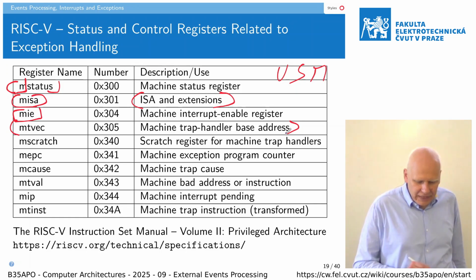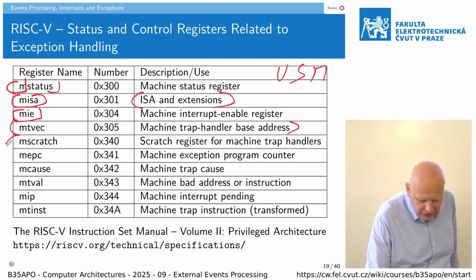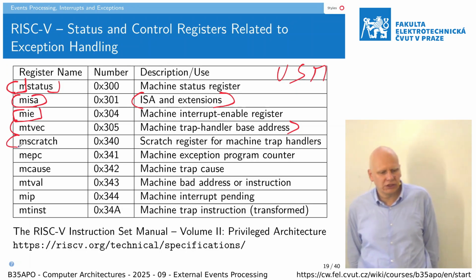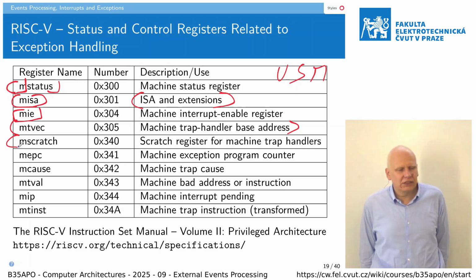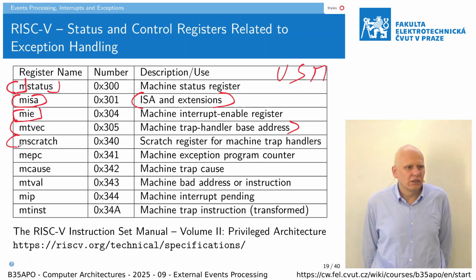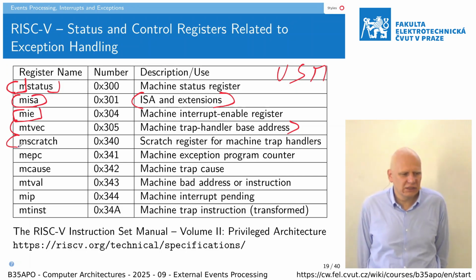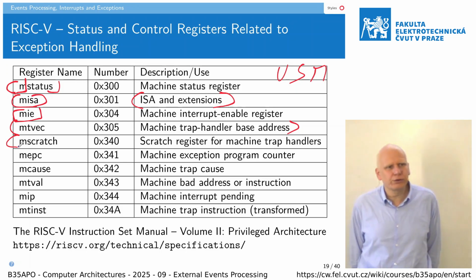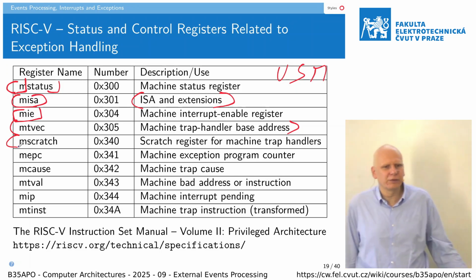Then we have a scratch register, which has no specific hardware function, but it is one register where code can store a value to release at least one register, which can then be used to store the rest of the state of the processor.